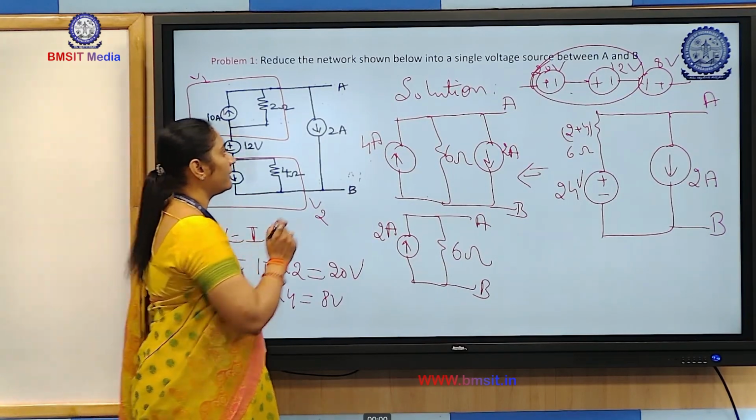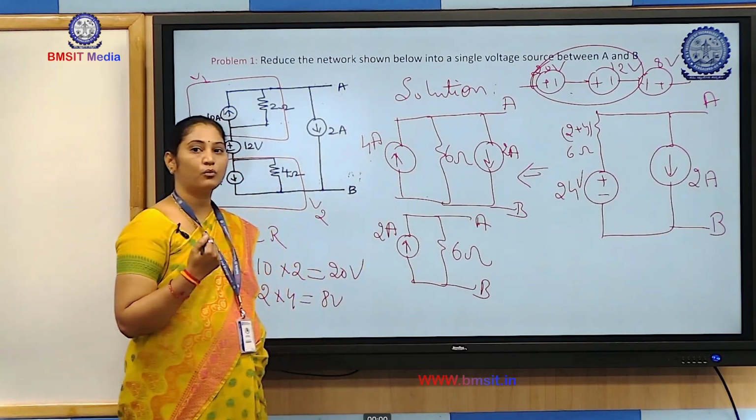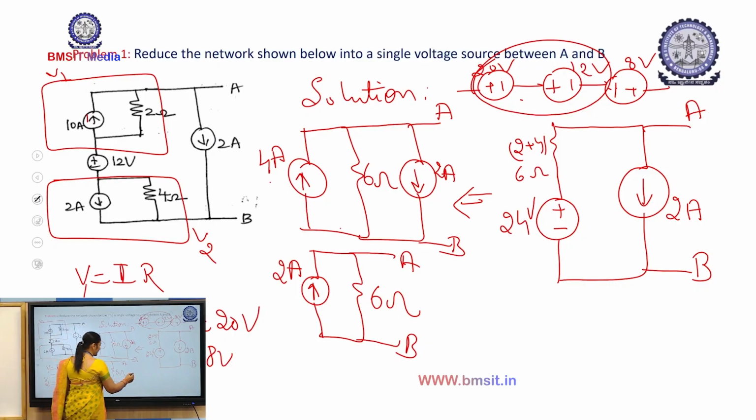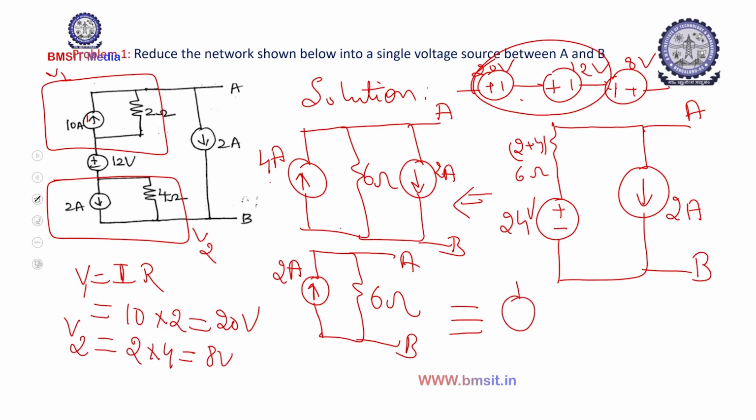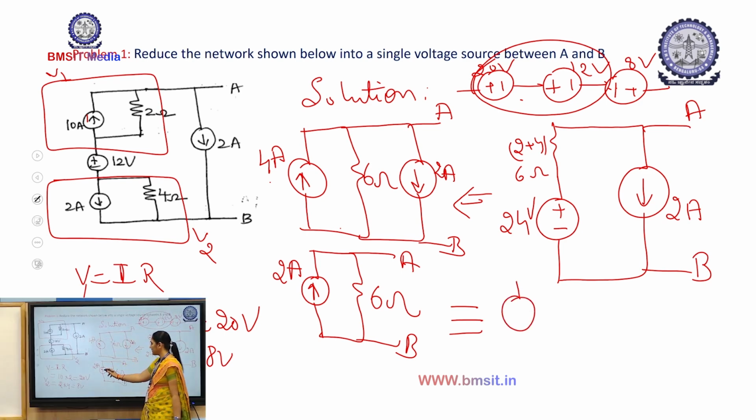What is the question actually? You have to bring it to the practical voltage source. So again this has to be converted back into the practical voltage source. We know how to do that. The voltage V3 from this source will be equal to I into R, where I is 2 and R is 6.